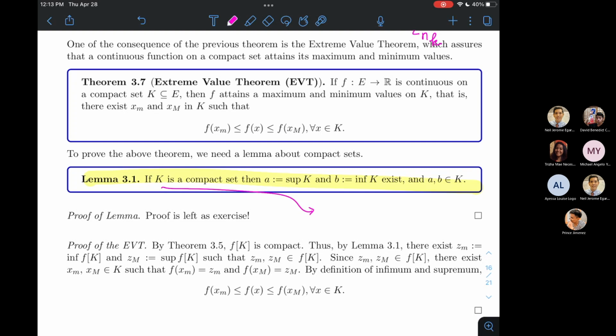So ibig sabihin, pwede akong mag-consider na isang monotonic increasing sequence sa loob ni capital K. Right? So si K ay isang set, magko-consider ako ng kahit na anong monotonically increasing sequence kay K. Tapos yung dahil, tama ba?